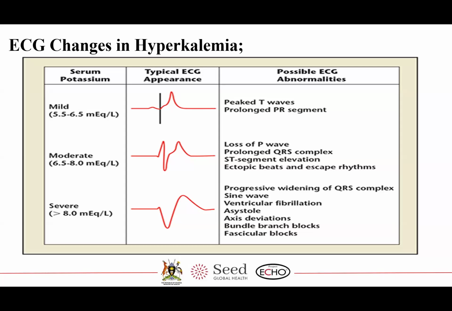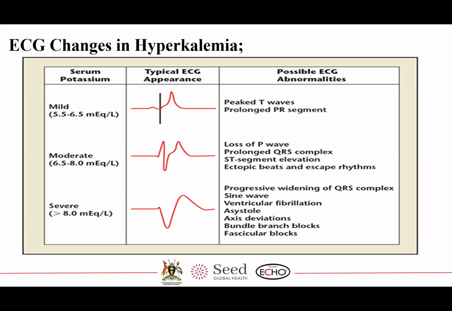And these are the features that you're going to look out for on your EKG changes: the peaked T waves, as they are summarized. You're also looking at the prolonged PR segment. We shall also look at the loss of the P wave once we get to severe levels of hyperkalemia.